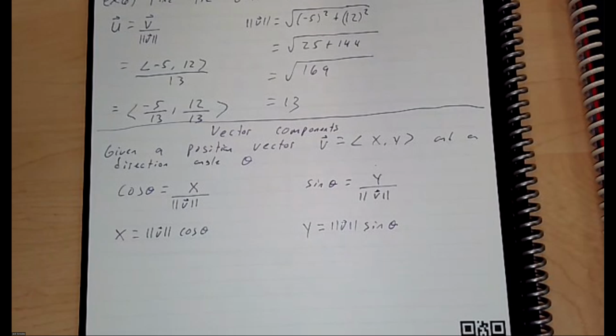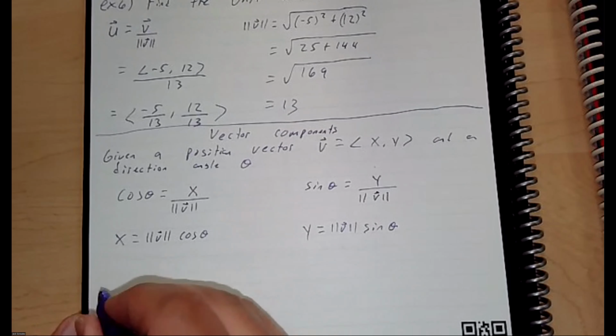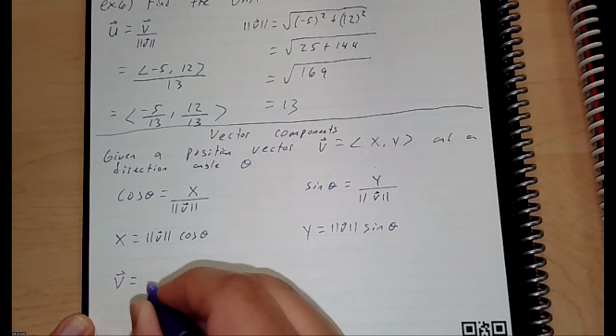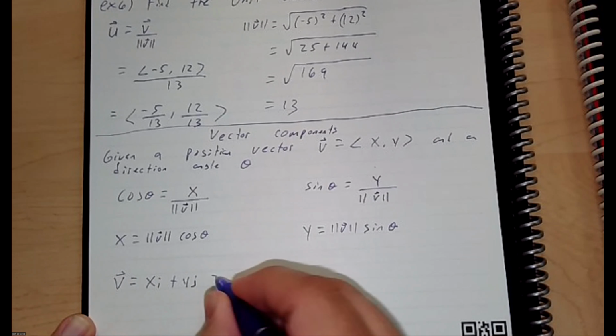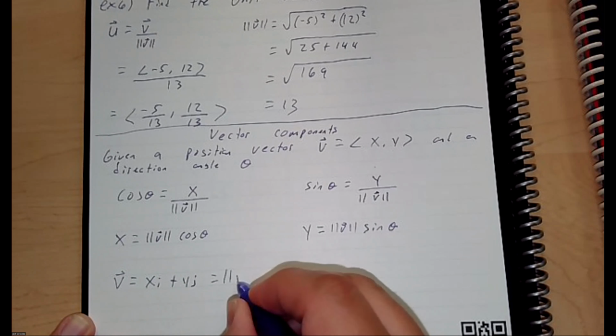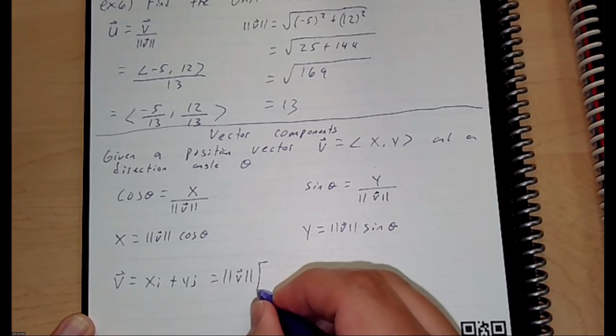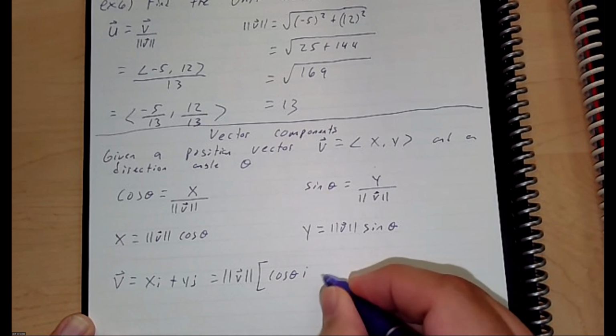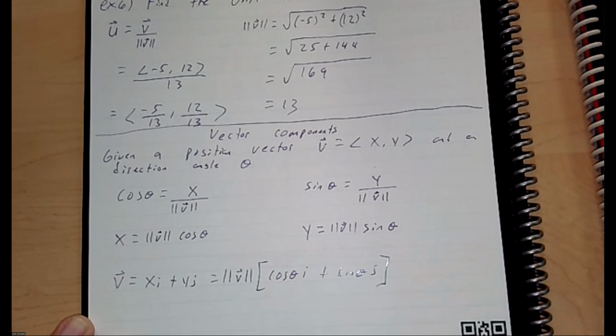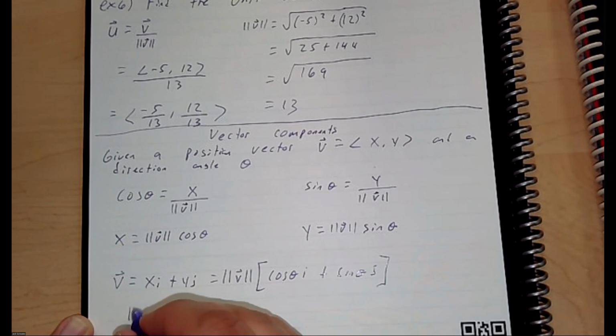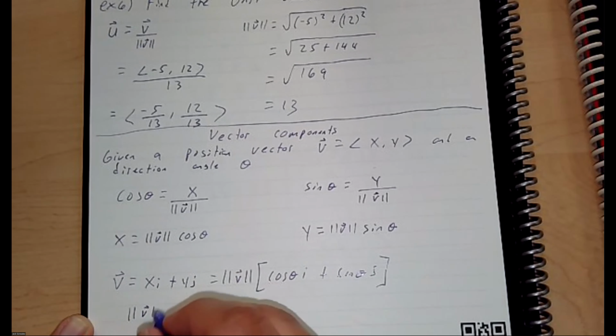So you can find these parts separately and then put it together. So v is equal to xi plus yj, which is the same as the magnitude times (cosine theta i plus sine theta j). And of course, if you were to square those and find the magnitude, you would get sine squared plus cosine squared, leaving you with just this part.